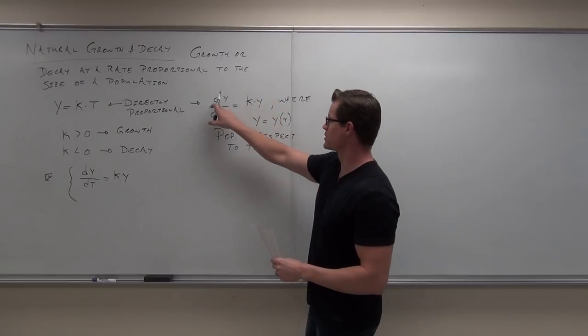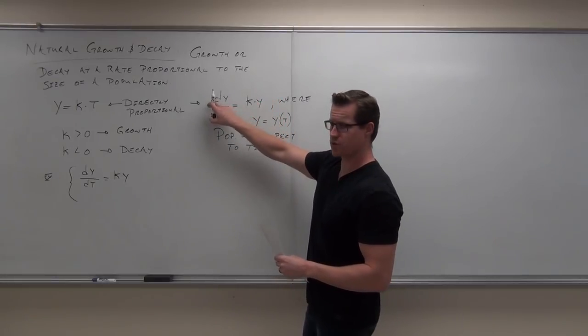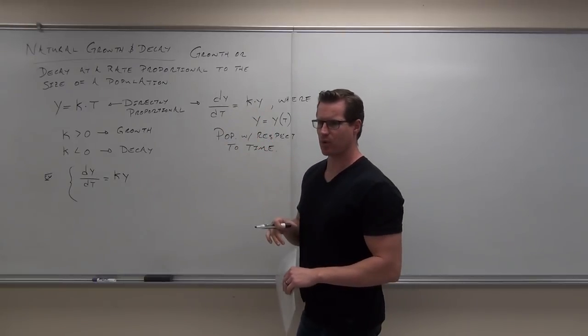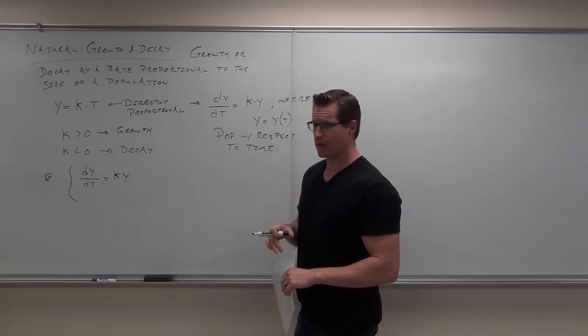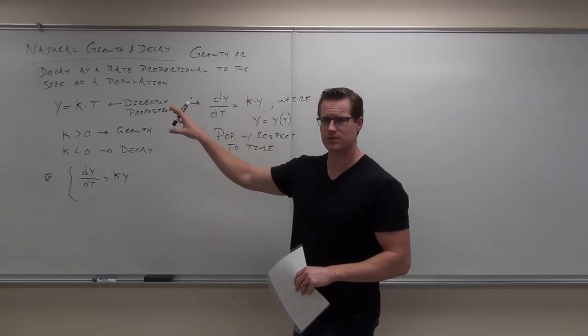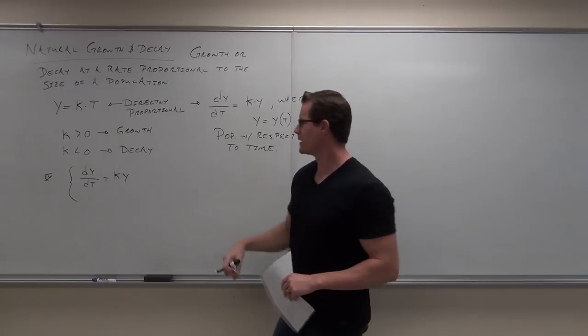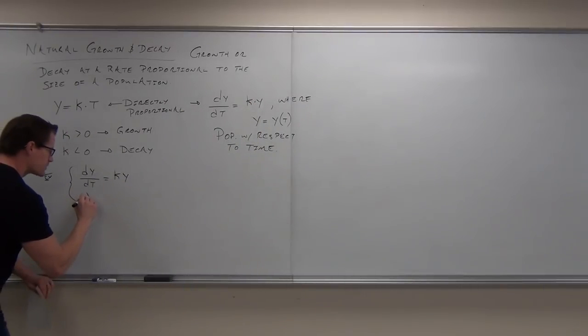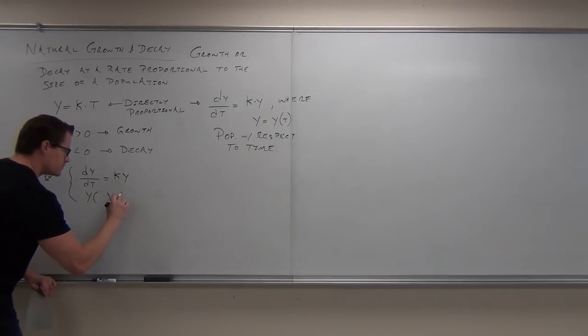Notice it is a first order differential equation, and, well, let's look at that. Is it separable? Yeah, we could get y's on one side, no problem. We can keep the k on one side and get the y on the other side. That would not be a problem at all. So it is separable. Also, we're going to have some initial value.